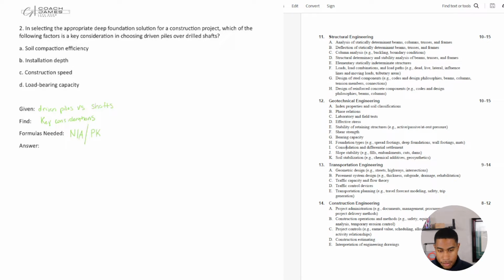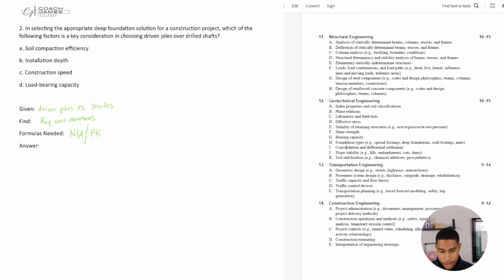Drilled shafts are suitable for a wide range of conditions. They can be designed to reach greater depths compared to driven piles, so depending on how deep you want to go, you would choose a shaft, right?